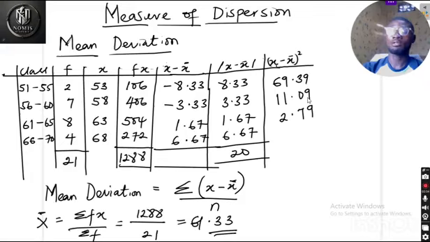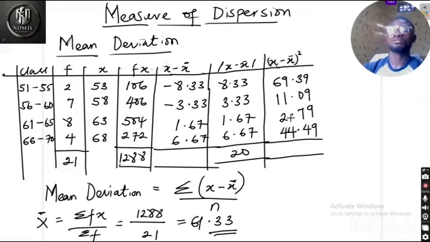Then what we have next is 6.67 multiplied by 6.67, so that's 44.49. The sum of these is what we need to calculate variance.